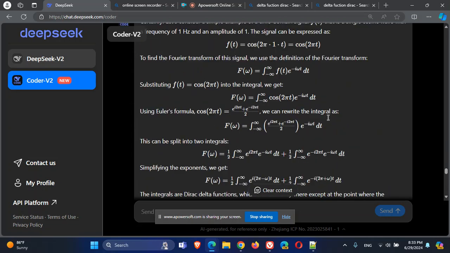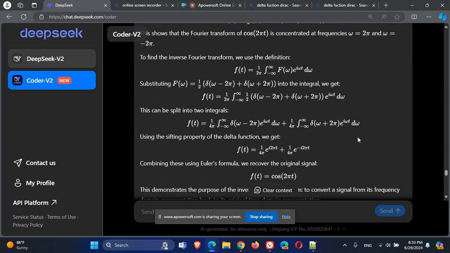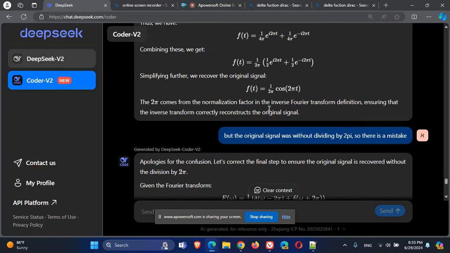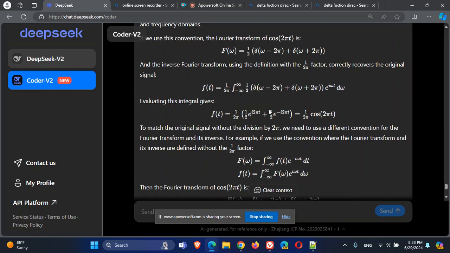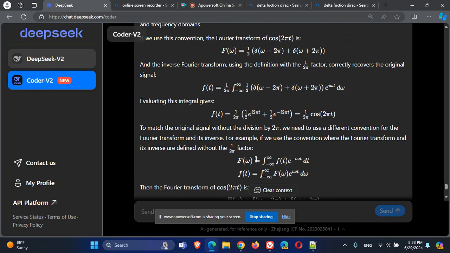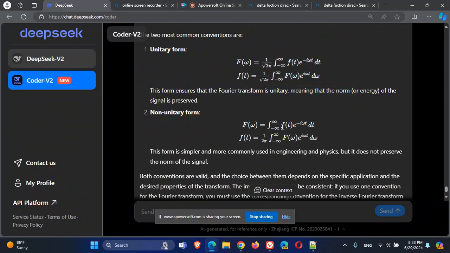So this is using the Fourier transform and inverse Fourier transform on a periodic function, the cosine function. We used one convention, but there are different conventions. Here is a convention of the Fourier transform and inverse Fourier transform, and there are others like this and like this.